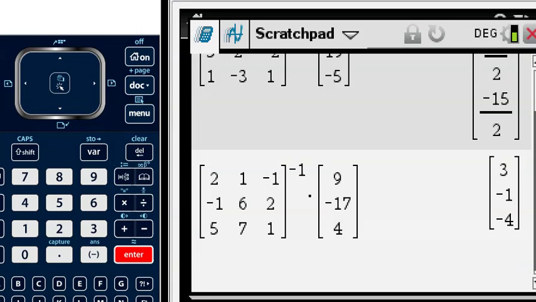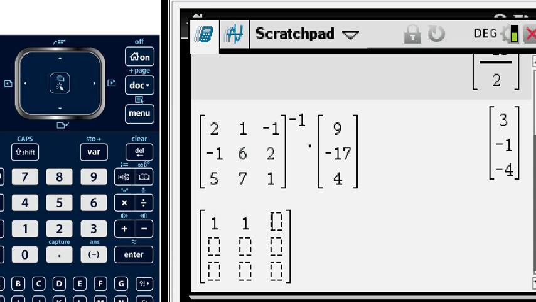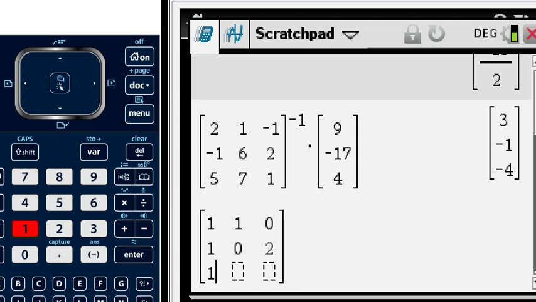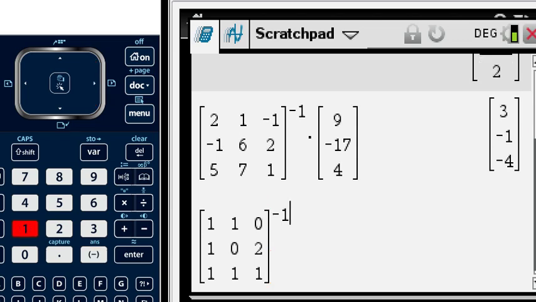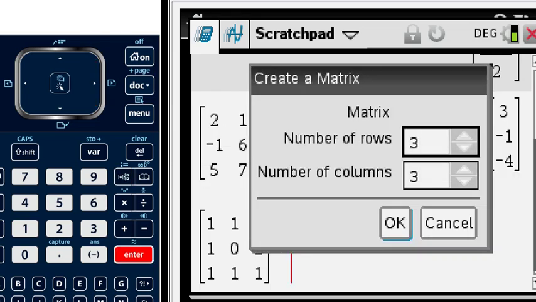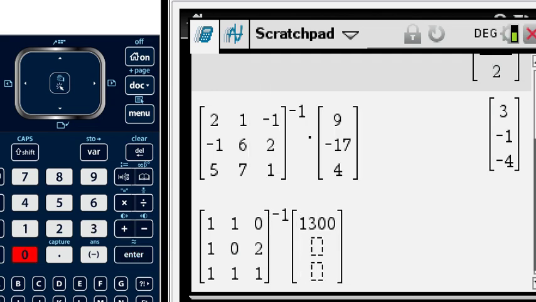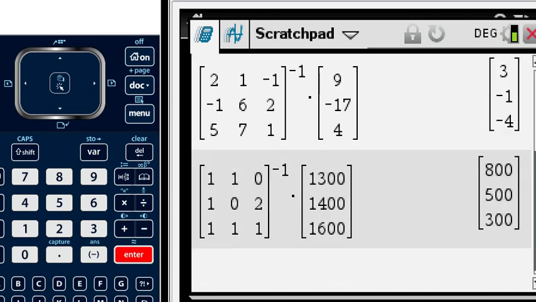We're going to set up a 3x3 matrices again: 1, 1, 0, 1, 0, 2, 1, 1, 1. Raise it to the -1. Okay, and then you're going to make a matrices that is 3x1. And we're going to enter those: 1,300, 1,400, 1,600. We get the sofa is $800, the love seat is $500, and the chair is $300.